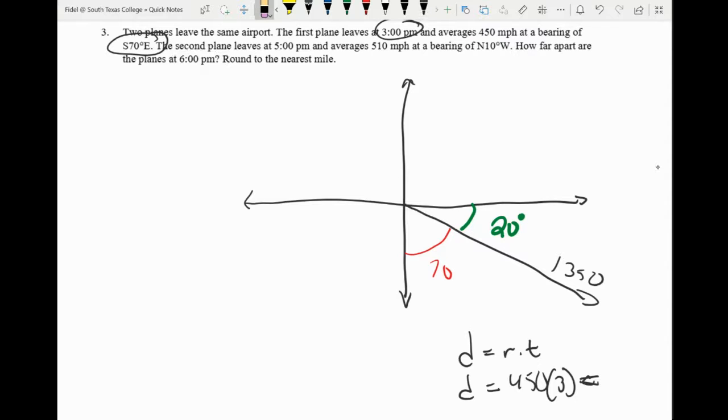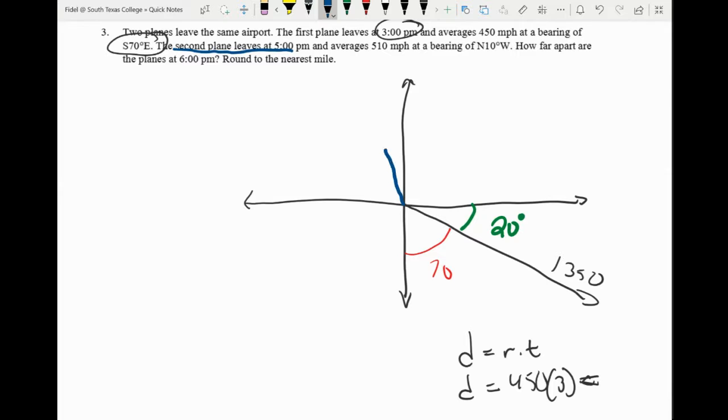Now let's deal with the second plane. The second plane leaves at 5 o'clock, averages 510 miles an hour on a bearing of north 10 degrees west. Is that plane going up or down? Up. Is it going to the left or to the right? To the left. Perfect.